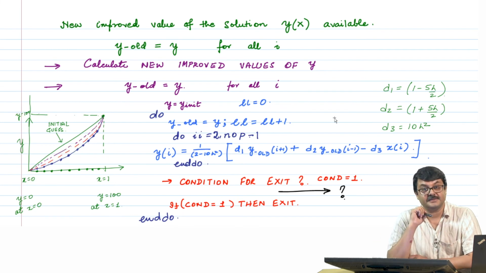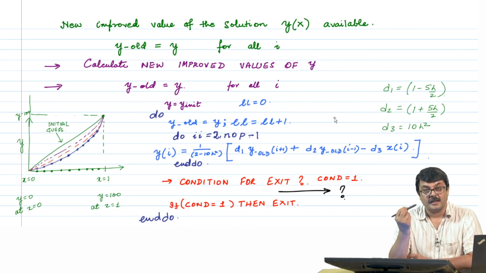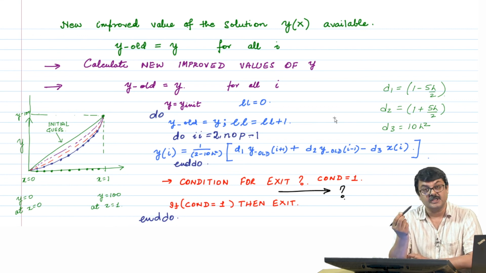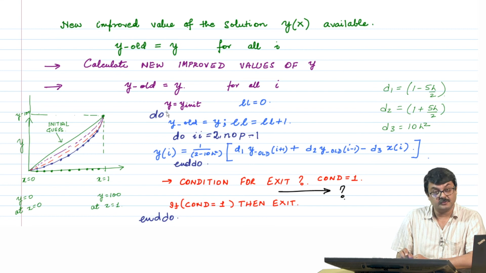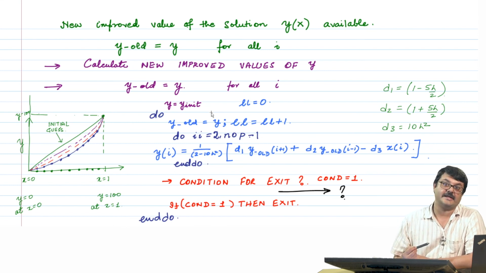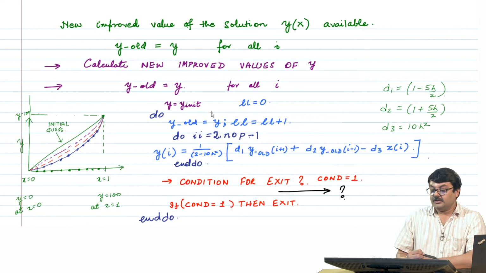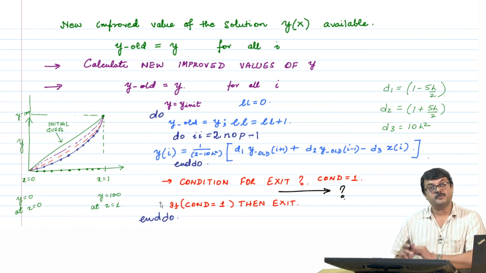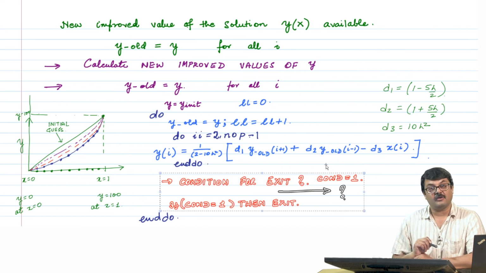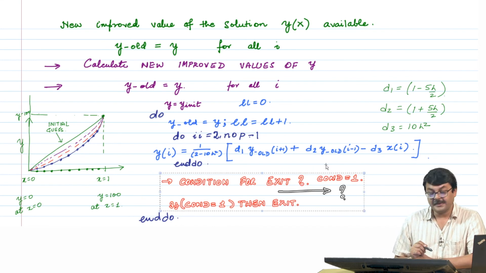The question is, how many times will you iterate? When will you go out of the loop? Here you see, as I told before, that I have not given any particular number of iterations, because the number of times you have to iterate is typically unknown. So, to get out of this loop when you have the final solution, you need a condition for how to exit this loop, right.